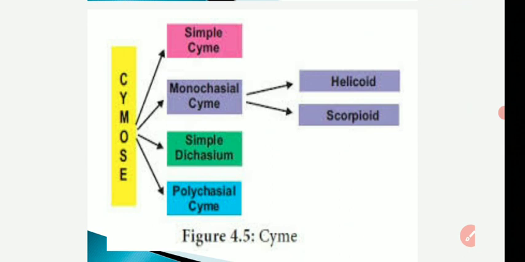First, simple cyme, that is, solitary simple cyme. Second, monochasial cyme, which is again divided into helicoid and scorpioid types of cyme. Third one, dichasial cyme, and lastly polychasial type of cyme inflorescence.